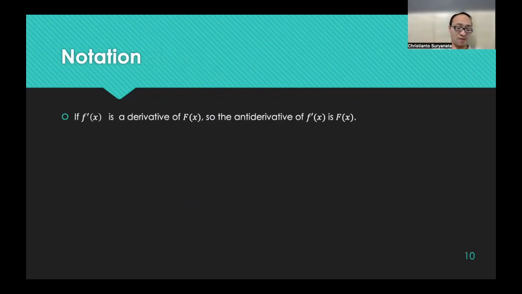The f prime x is the symbol for the derivative of an original function. So that means, in the opposite way, the antiderivative of f prime x is the original function, the primary function, f(x).